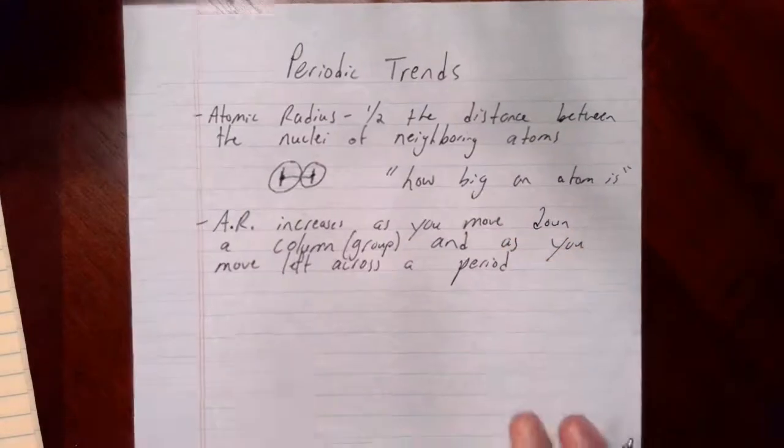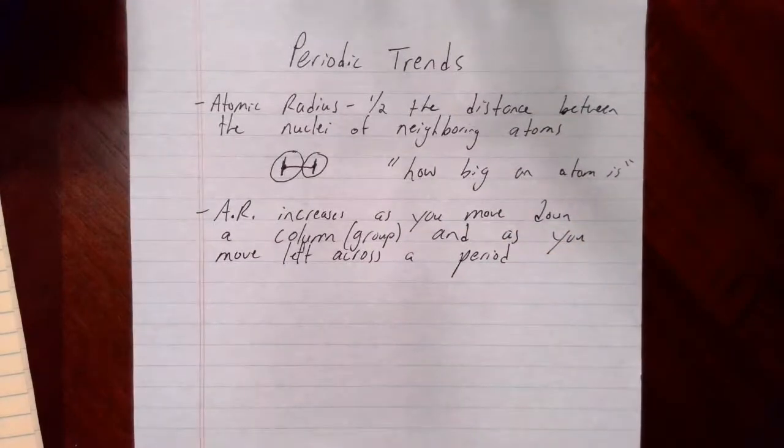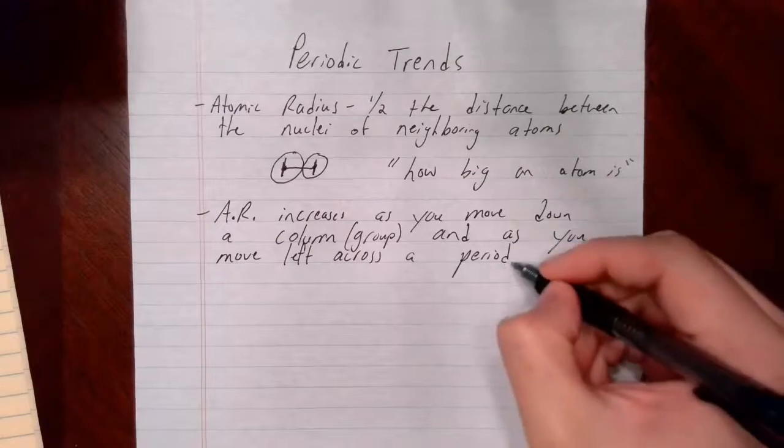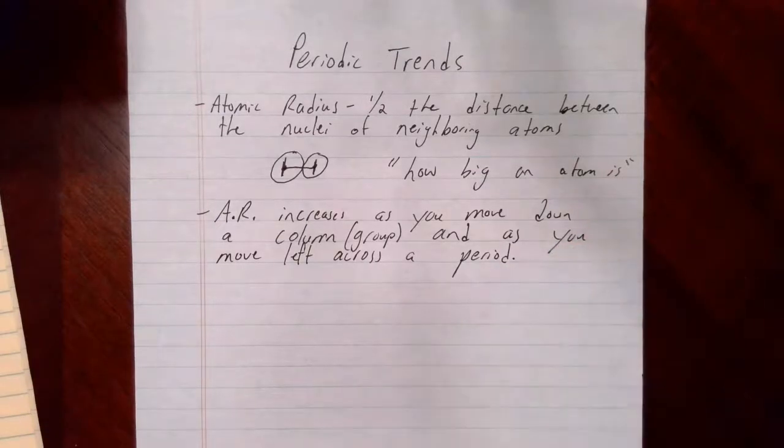Okay. So there's several ways to word that. I can say atomic radius increases as you move down and decreases as you move right. Okay, so however you want to learn that, I typically state the trends in terms of increasing. So the radius increases as you move down and increases as you move left.